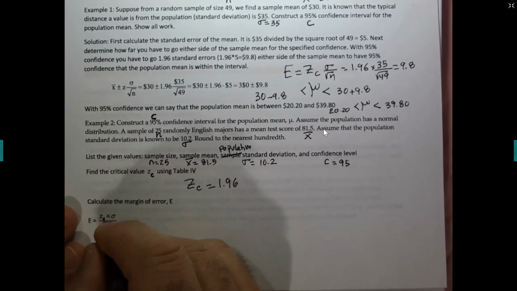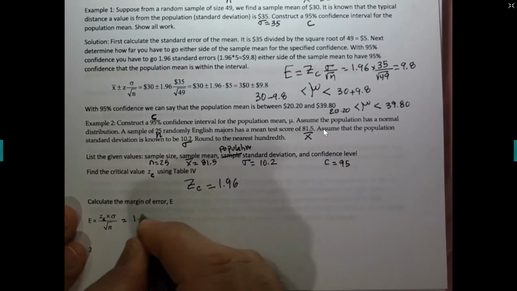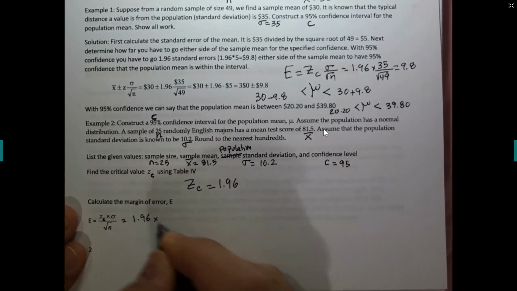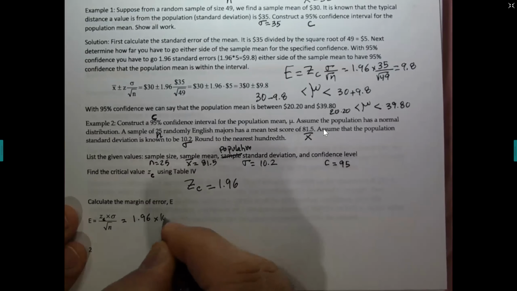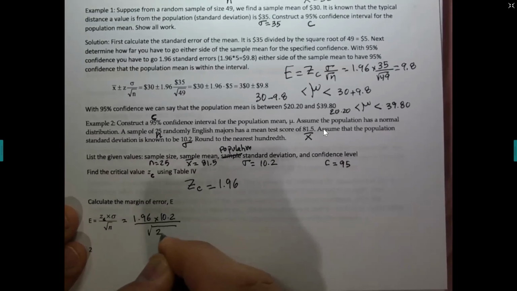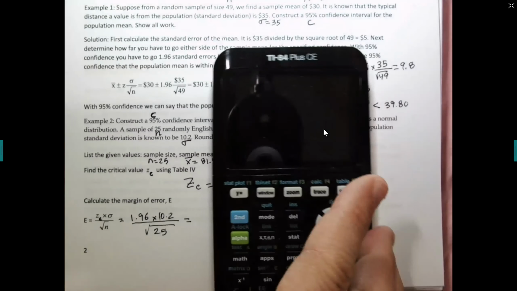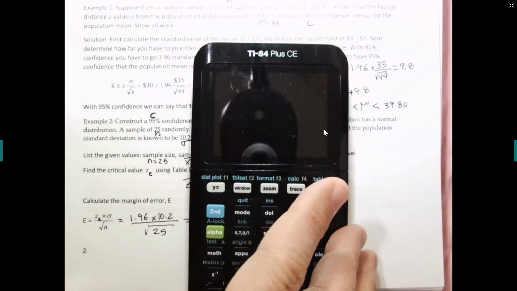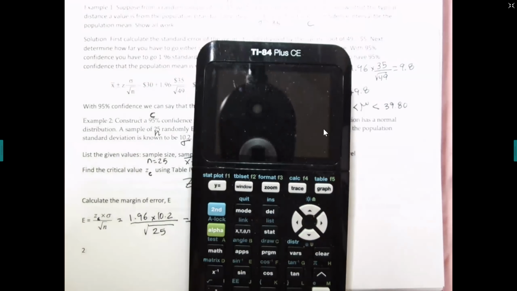Compute the margin of error. Watch, guys. 1.96 times 10.2 divided by the square root of 25. Okay, let's do the math together. Now you're showing the work. We haven't used the calculator yet.